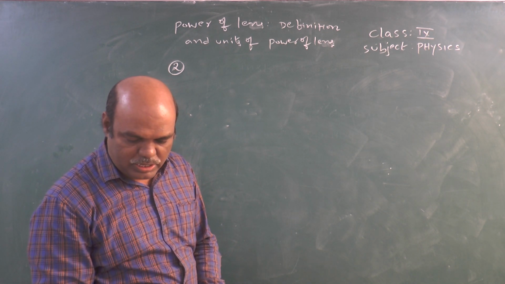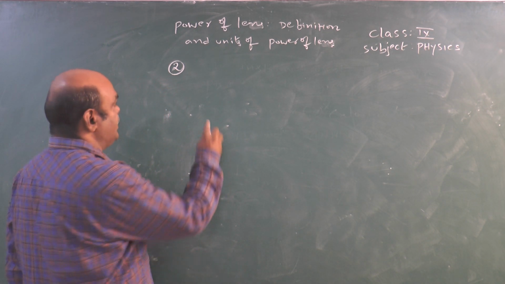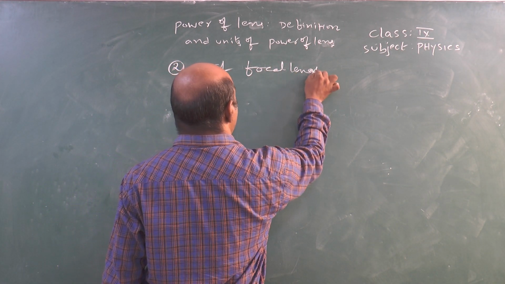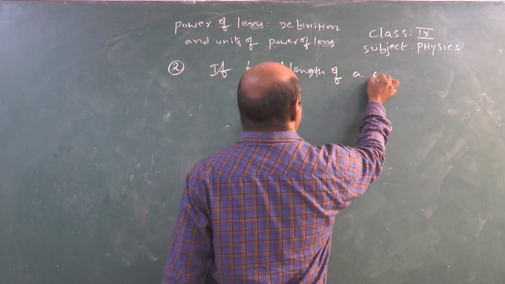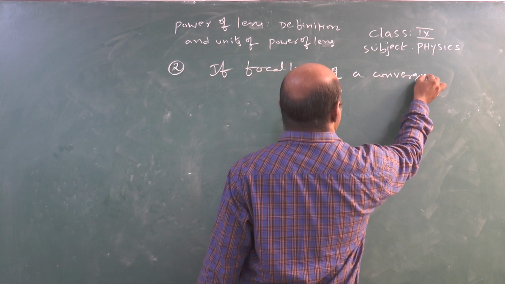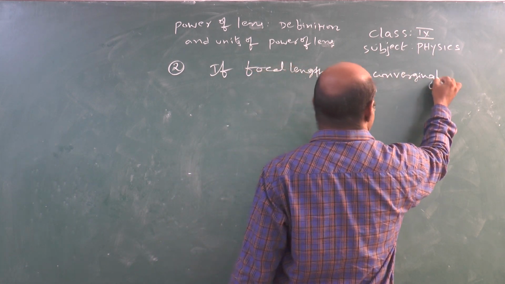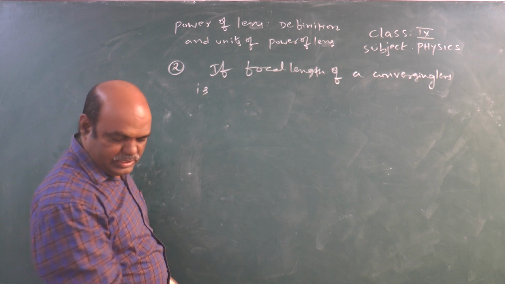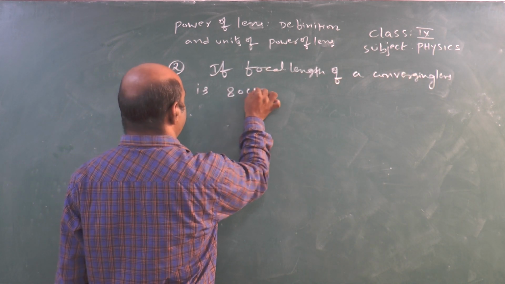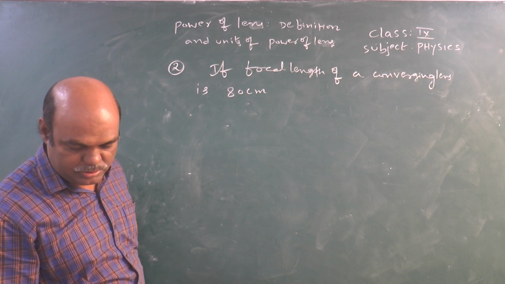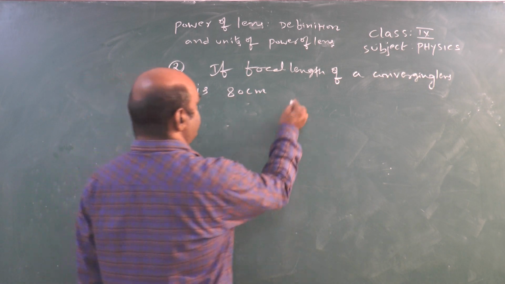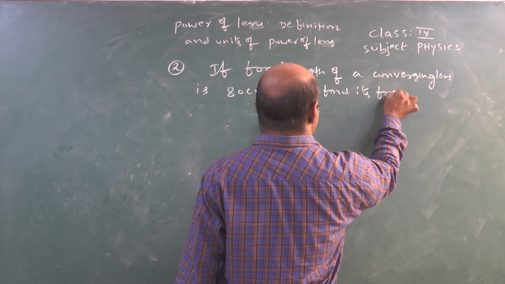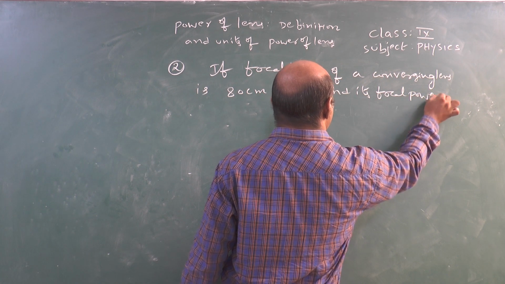If the focal length of a converging lens is 80 centimeter, then find its focal power.